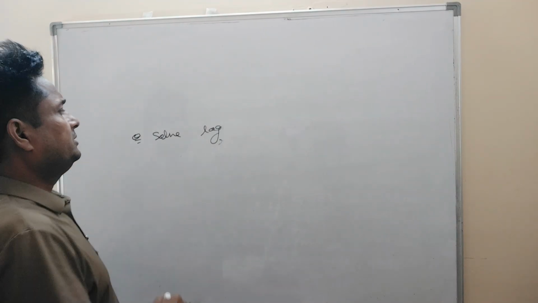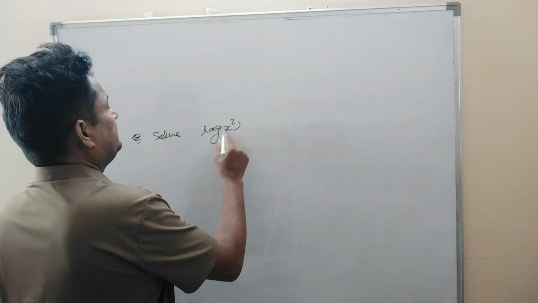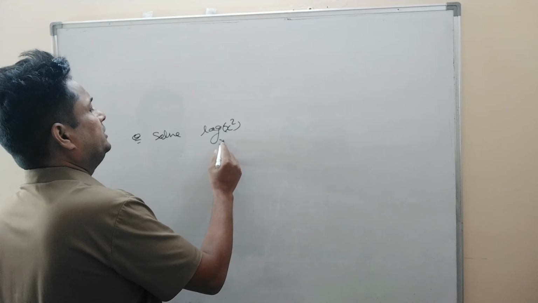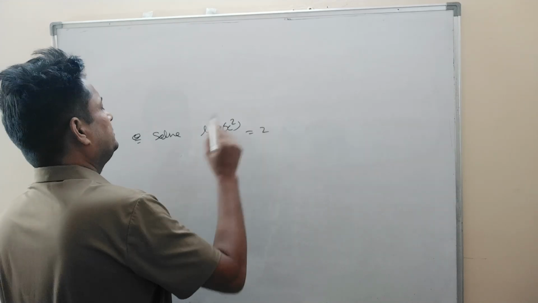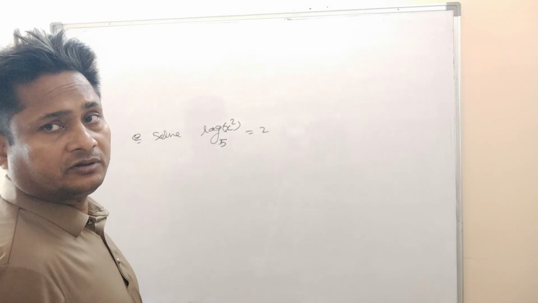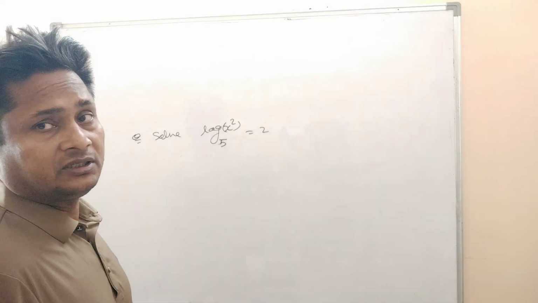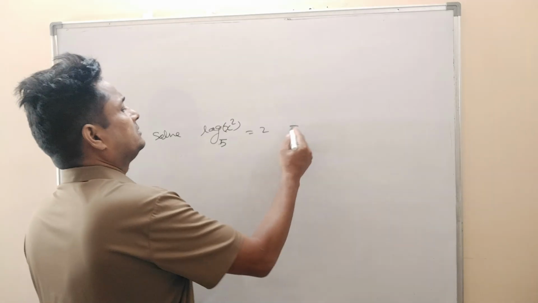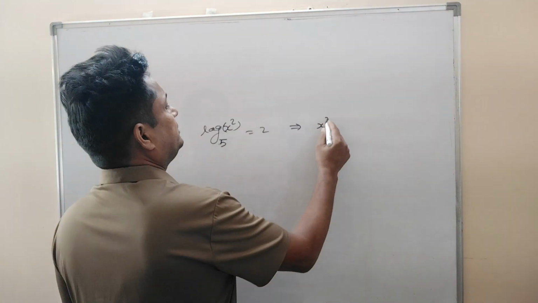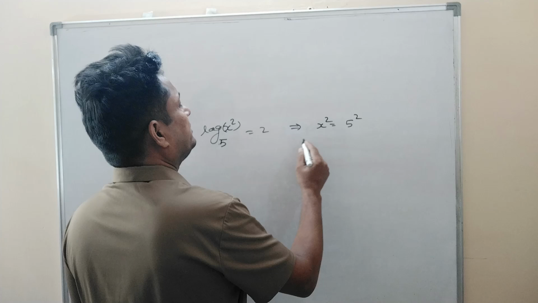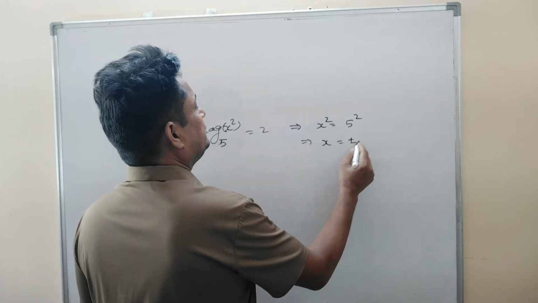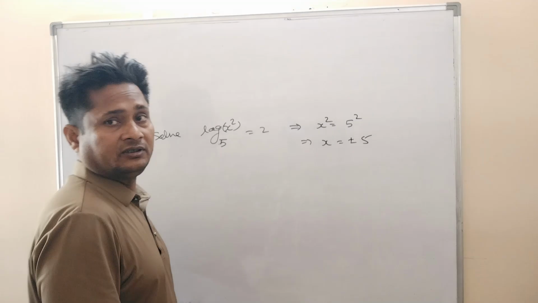Now let's solve this question. Log of x square base 5 is equal to 2. If you want to solve this one, then this can be written as x square is equal to 5 to the power 2. That means x will be plus minus of 5.